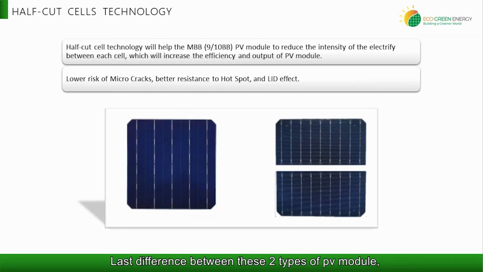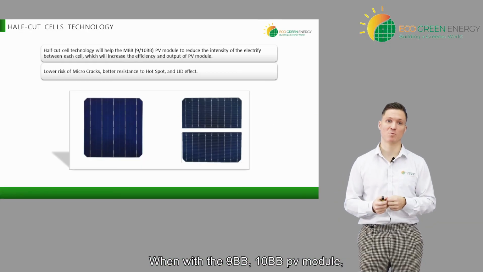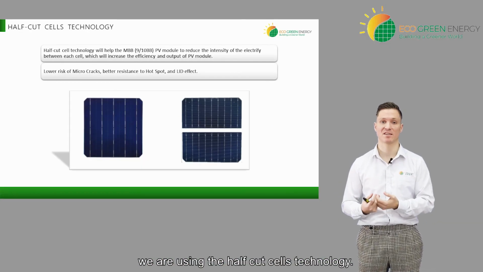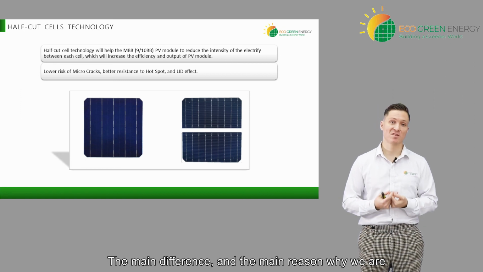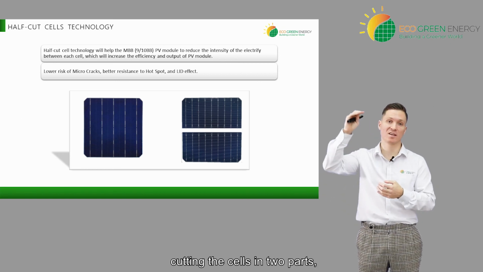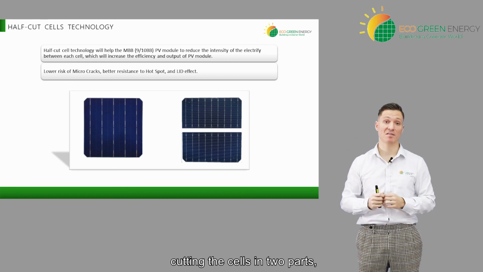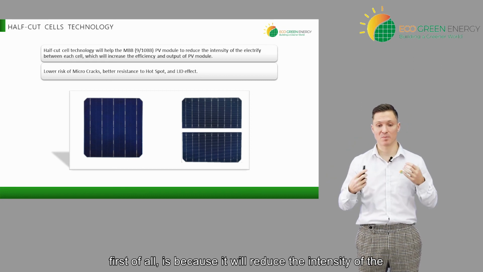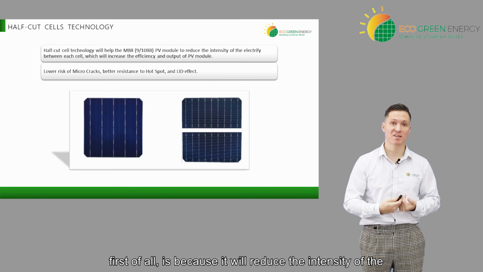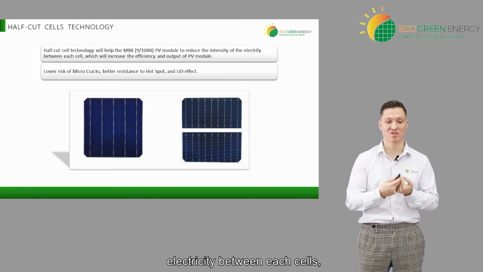The last difference between these two types of PV module: in the case of the 5-busbar, we are using full cells technology, while with the 9 or 10-busbar PV module, we are using half-cut cells technology. The main reason why we are cutting the cells in two parts, first of all, is that it will reduce the intensity of the electricity between each cell.